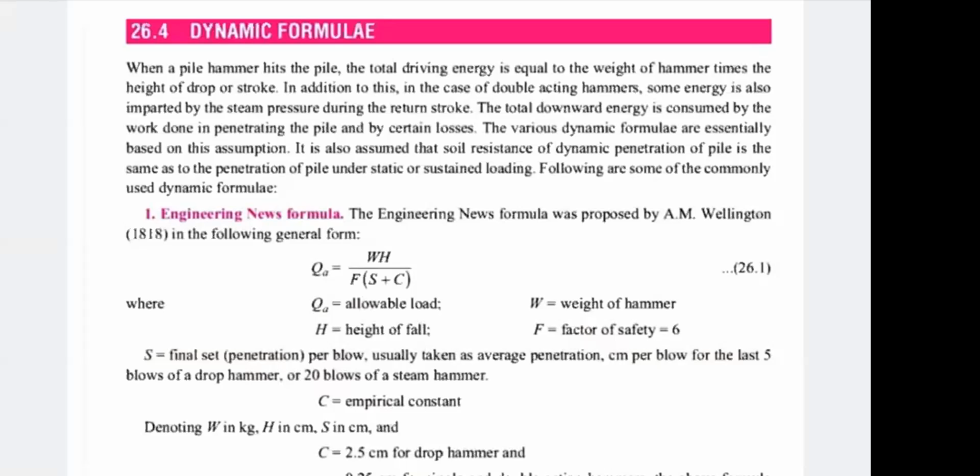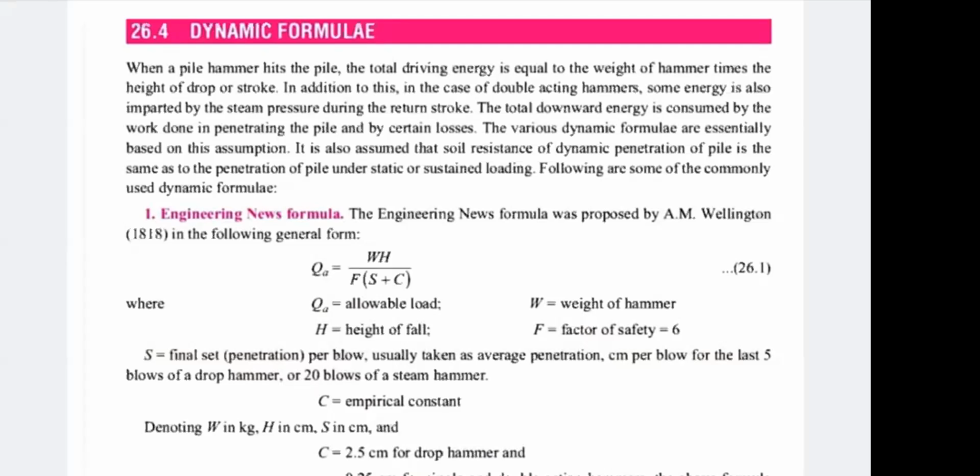In the case of a double acting hammer, some energy is also lost because of this hammering procedure. The total downward energy is consumed by the work done in penetrating the pile and certain losses. We need to consider how much loss takes place while you give the stroke to your pile.